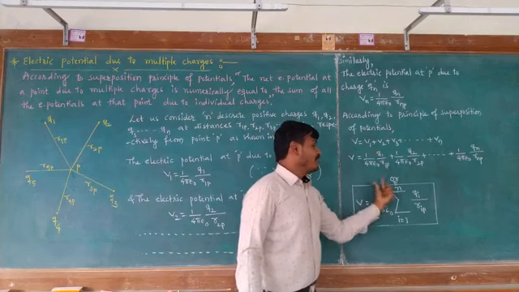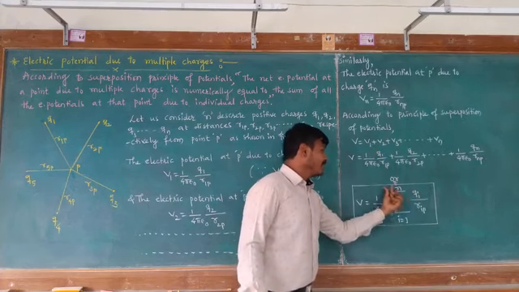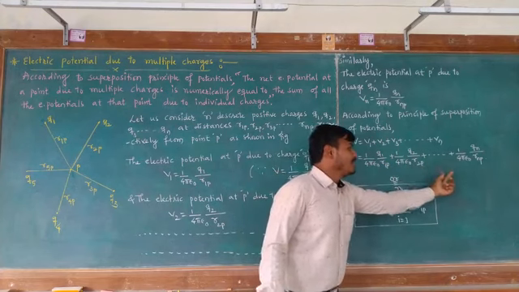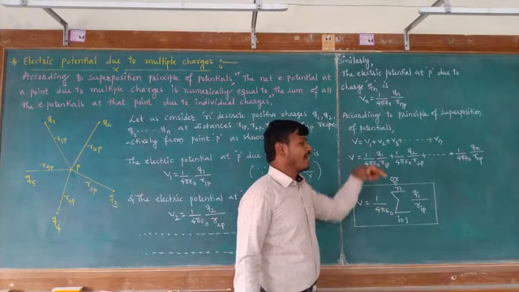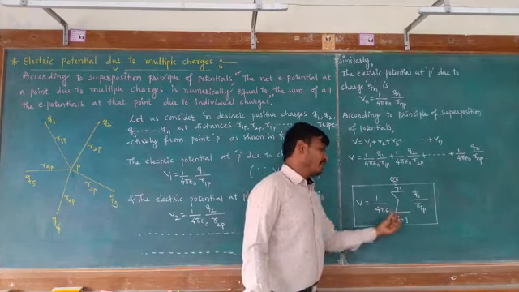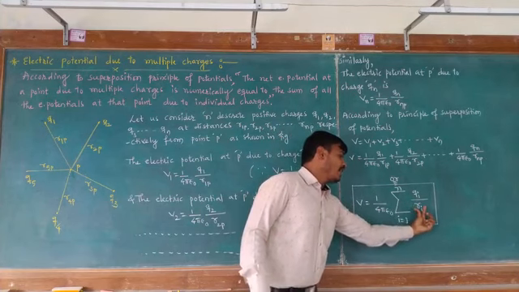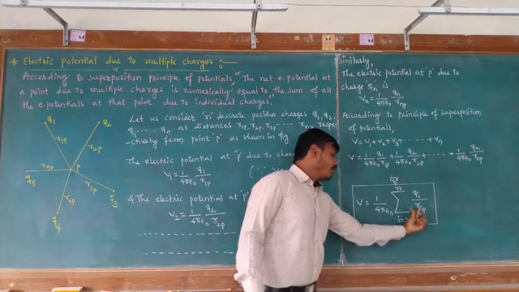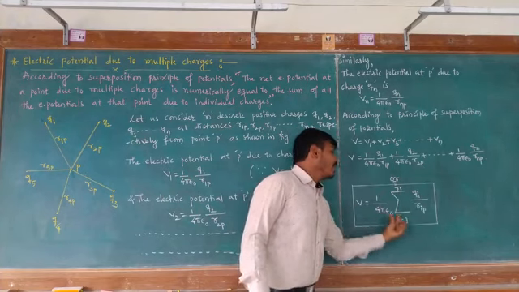Here the charge is variable, that is why Qi is under the summation, and R1P, R2P, R3P, so on up to RnP, the distance is also variable, that is why RiP is the variable factor.